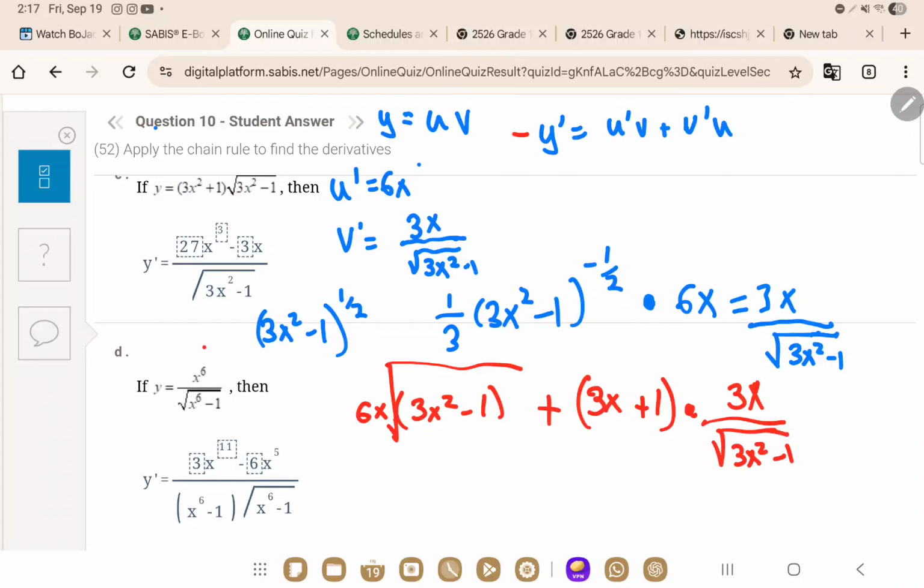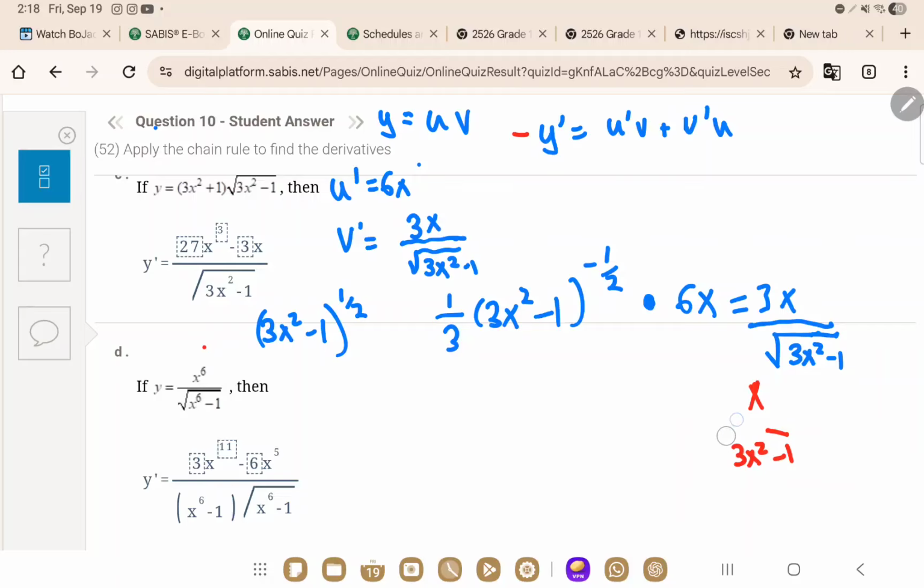Now to do this, you combine it into a single fraction by multiplying to make both denominators the same. Okay, this is going to be long. Let me make my handwriting a bit smaller so we can actually do this in one line.